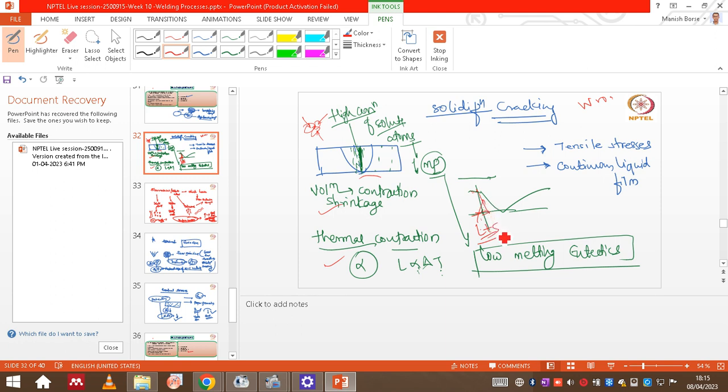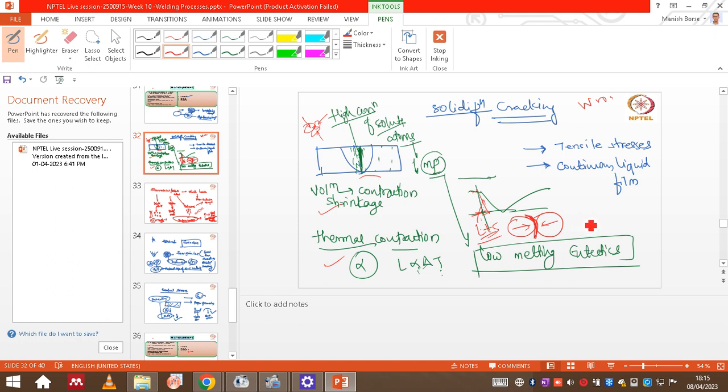And always in the interdendritic region there will be a continuous liquid film forming if the material has a broad composition, because it has a larger solidification range, right? As I said, the stresses will act on the last solidifying liquid. So if a continuous liquid film is present because of low melting eutectics, right?